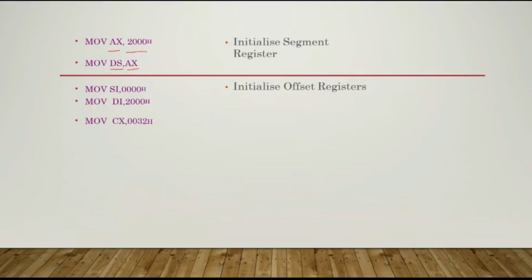So for that purpose, I am initializing a counter here. CX register is used as a counter, and it will keep track of how much data transfer has been done. So CX is initialized to 0032H. Now, I will start copying data as I have shown in the previous slide.